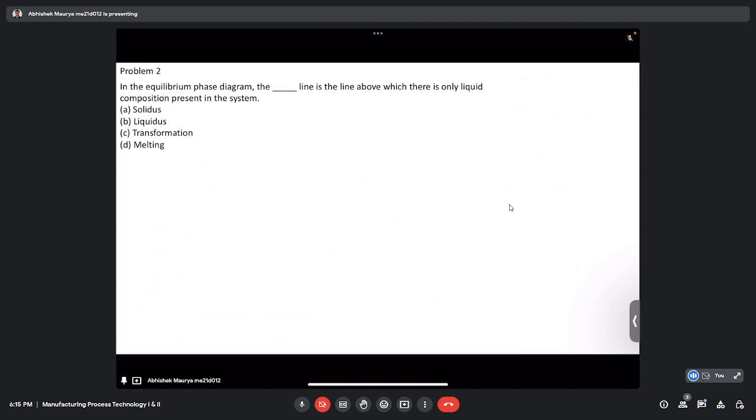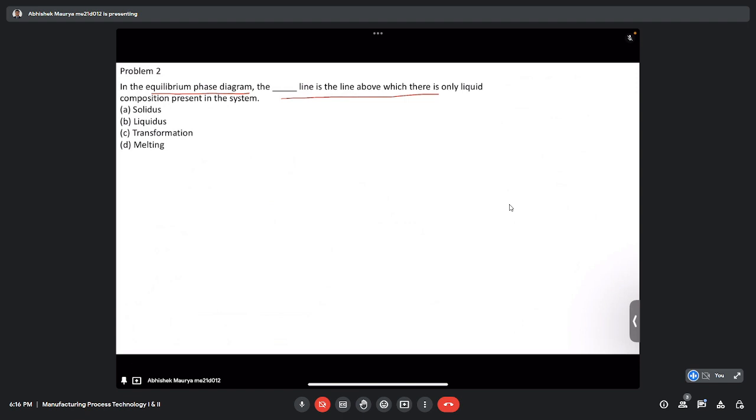It has been asked in the equilibrium phase diagram, the line here, this is a fill in the blank, and we have to fill this with the appropriate word. The line is the line above which there is only liquid composition present in the system.